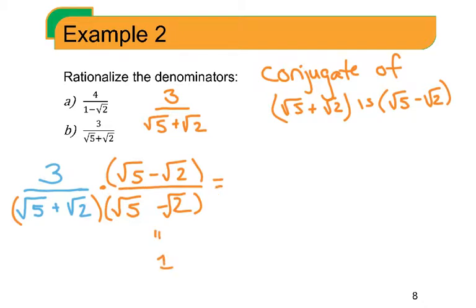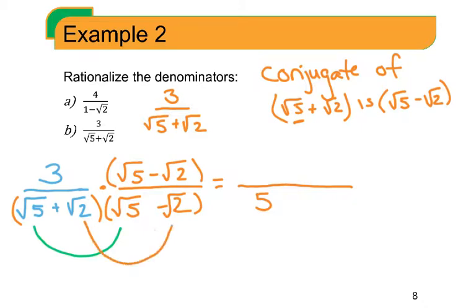So what happens? The pattern tells us when we multiply these two numbers, we should just get 5 minus 2, because the middle terms are going to cancel. So we get square root of 5 times square root of 5, that is just 5, and square root of 2 times the negative square root of 2 is minus 2. And in the numerator, I'm not multiplying this out just yet.